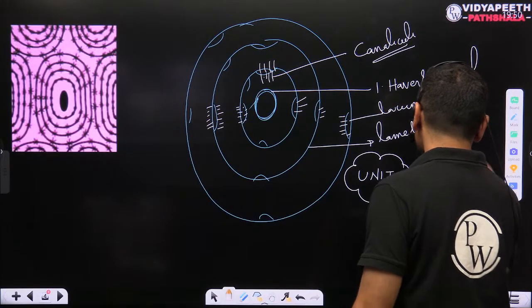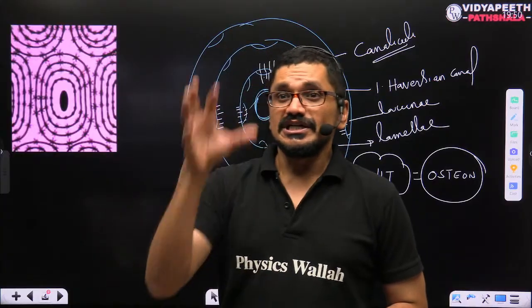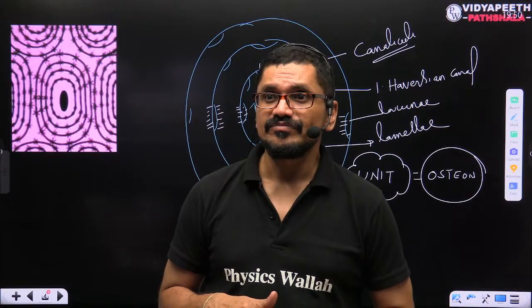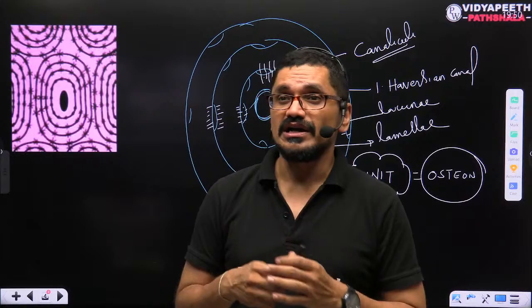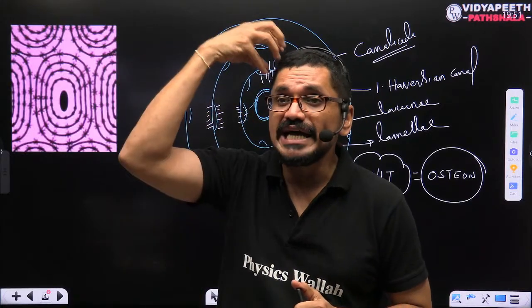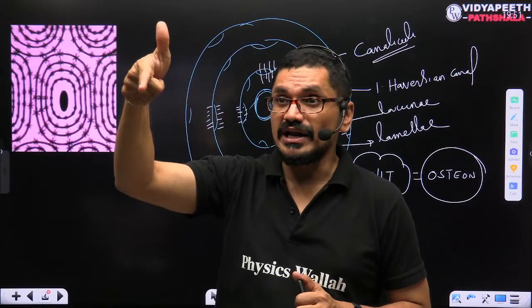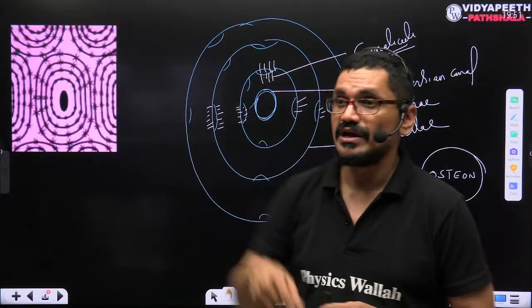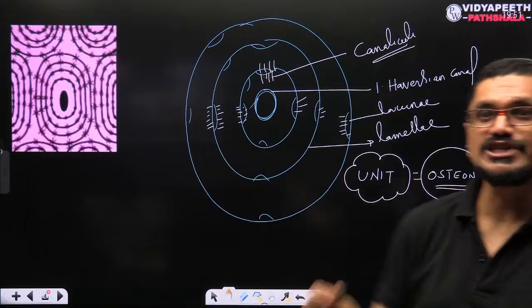O-S-T-E-O-N, osteon. My dear friends, I think you might have heard about the kidney. The structural and functional unit of the kidney is the nephron, the filtration of blood. The structural and functional unit of the brain is the neuron. Similarly, the structural and functional unit of bone is the osteon.